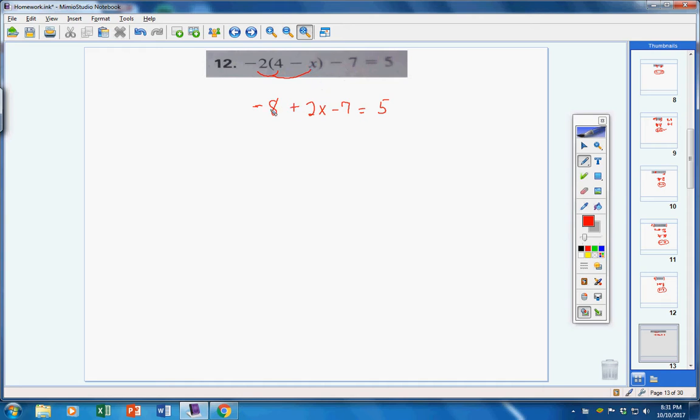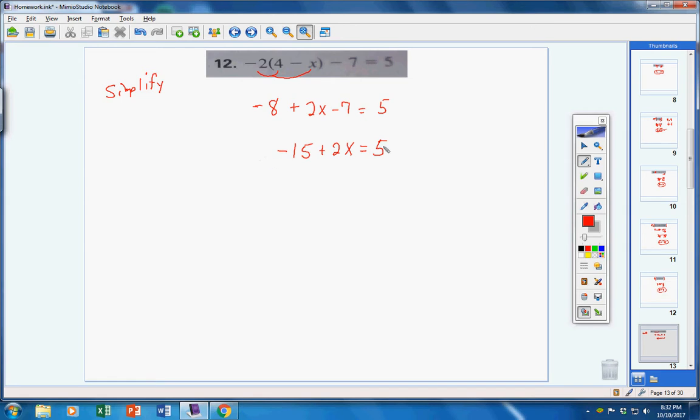Okay, next, eliminate fractions. Next, oh, you know what? I'm sorry. We have not yet finished step 1. Step 1 is simplify, and we still have some more simplifying to do. Constant term, constant term. So you owe 8, you owe 7 more. Now you owe 15, negative 15, positive 2x equals 5.